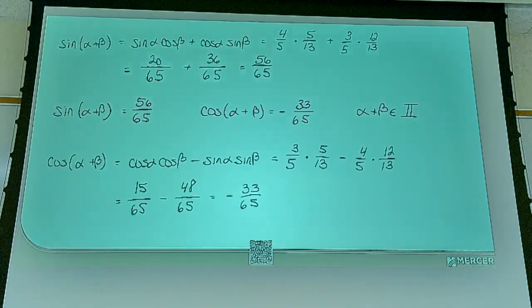Now we're going to do sine of alpha minus beta and cosine of alpha minus beta. Procedure's the same though, isn't it? Just a different identity we're using. Here's where I get to use instructor's prerogative, because it's all the same.